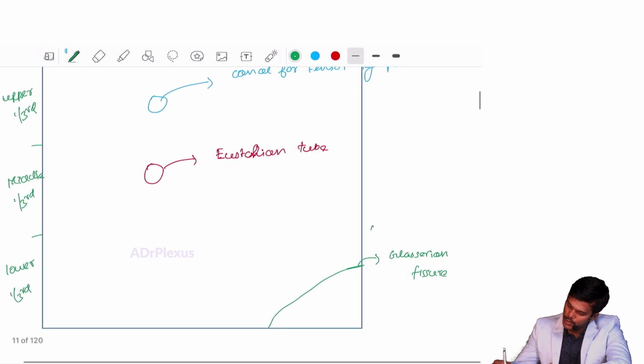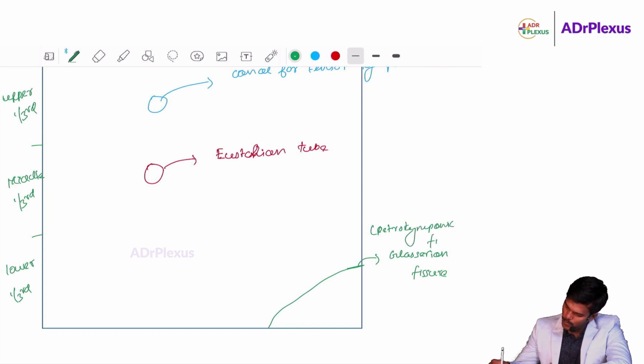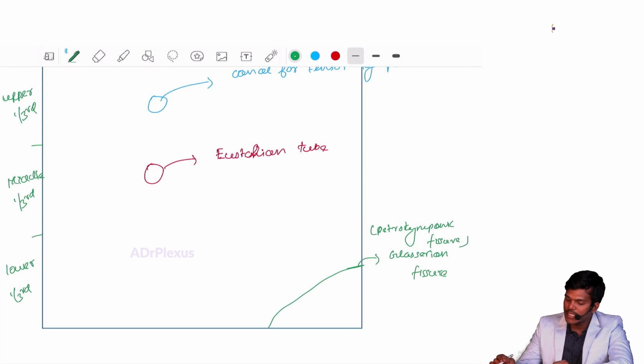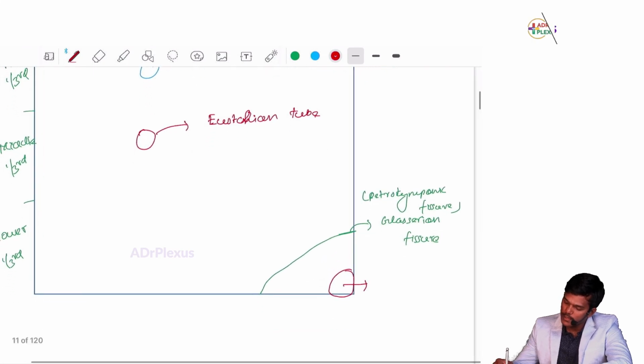Glaserian fissure is called petrotympanic fissure. Over the lower end of the Glaserian fissure, you will be having a structure called Canal of Hoogier.